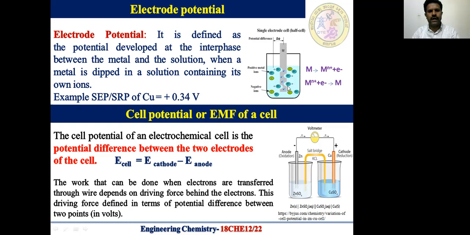Example, the standard electrode potential or standard reduction potential of copper is 0.34 volt.